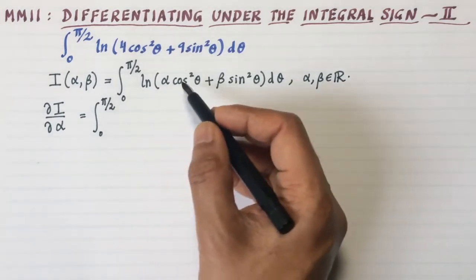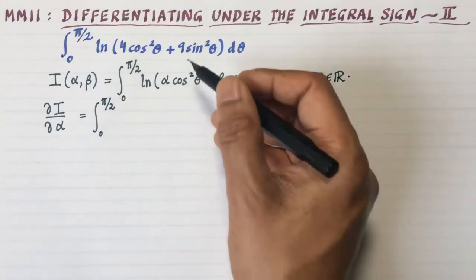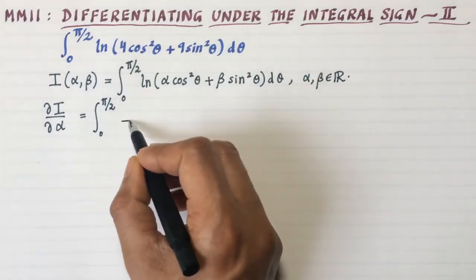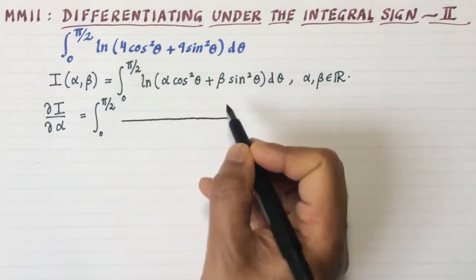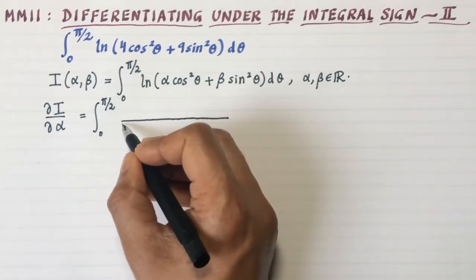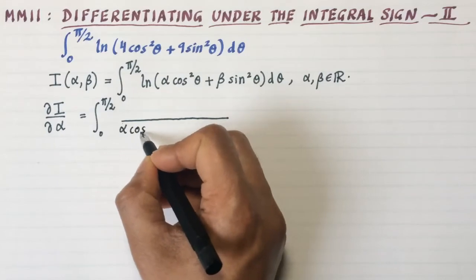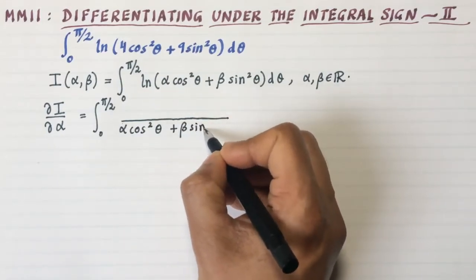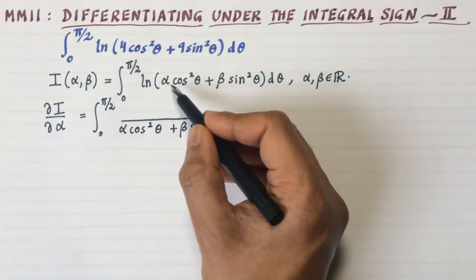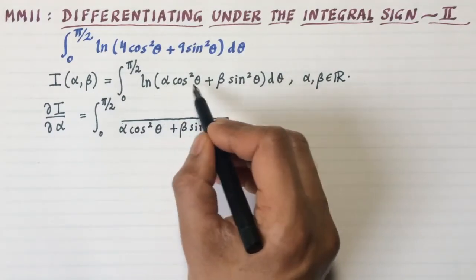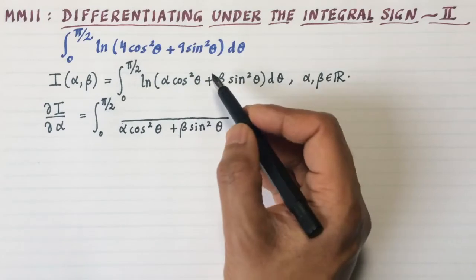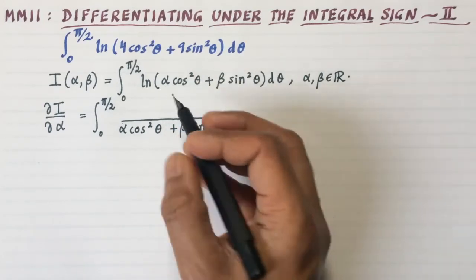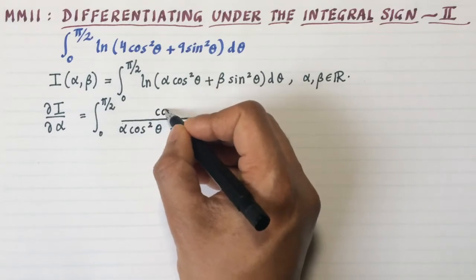The natural log of something, when differentiated, becomes 1 over something. So I'll get 1 divided by all of this argument, alpha cosine squared theta plus beta sine squared theta, and then because I'm differentiating with respect to alpha, I'll have to go inside and use the chain rule. So when I go inside and differentiate with respect to alpha, I will pick up cosine squared theta in the numerator.